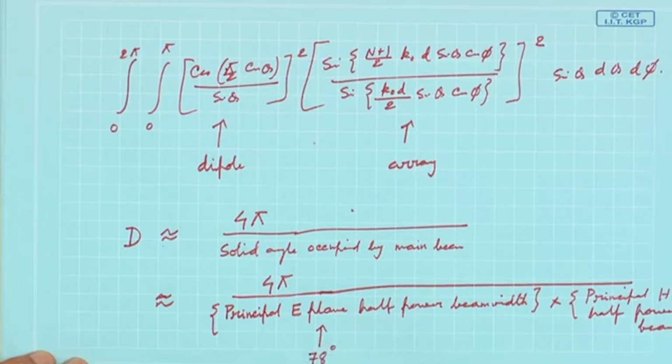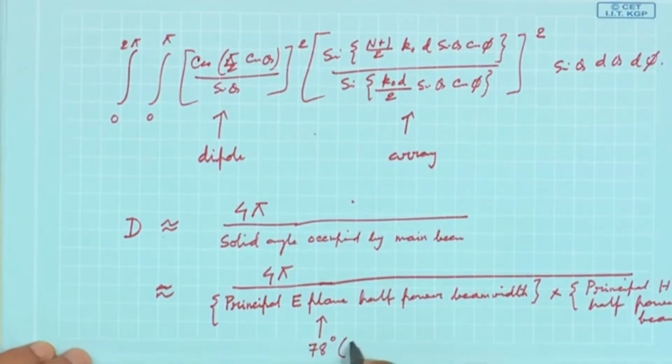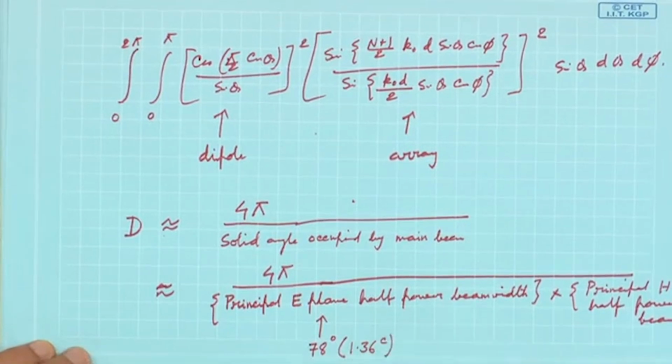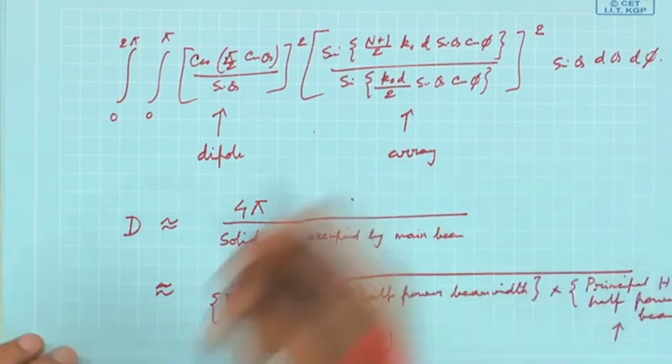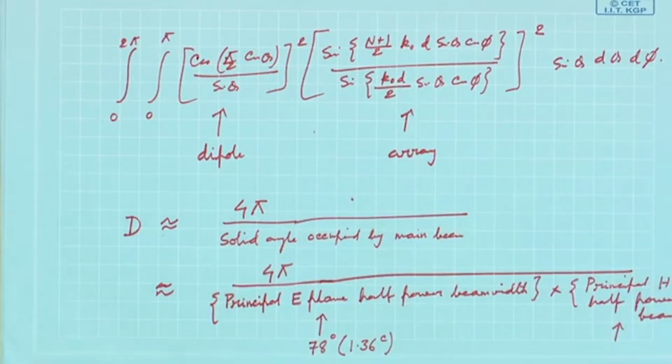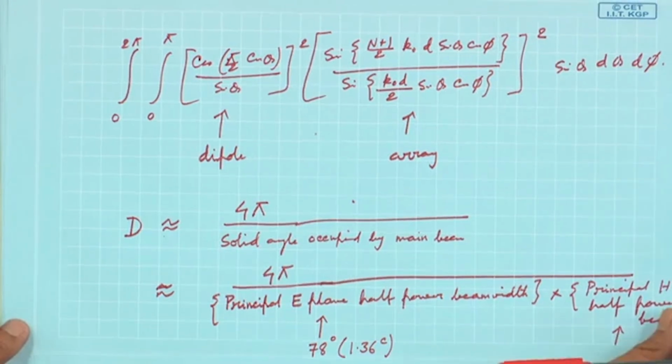This is 78 degree or 1.36 radian, and the H plane pattern is given by the array. So, this will come from the array factor. Now, this is half power beam width; we have calculated null to null beam width, that won't do. So, we will have to calculate the half power beam width from our array factor.